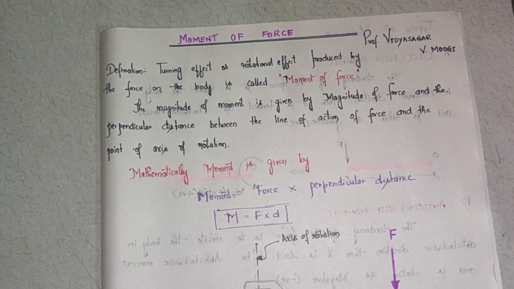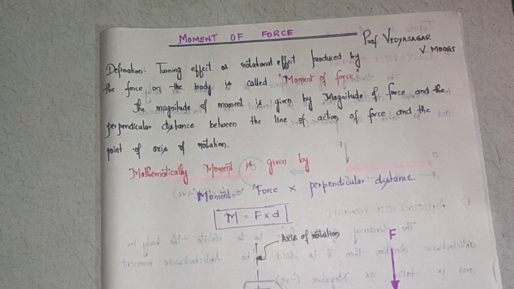The magnitude of moment is calculated by the magnitude of force that is producing the rotation effect and the perpendicular distance between the line of action of the force and the point or axis of rotation.